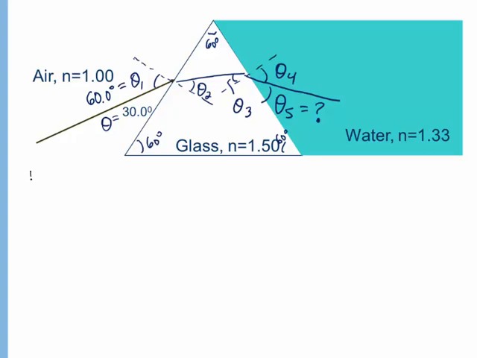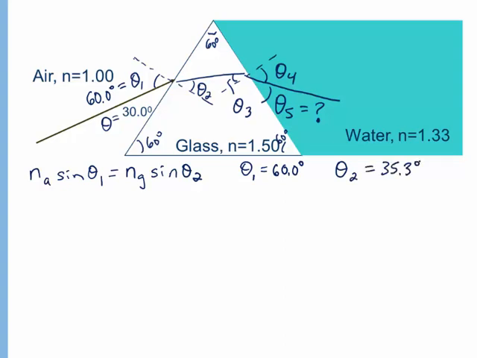So in other words, the index of refraction of air times the sine of theta 1 should be equal to the index of refraction of the glass times sine theta 2. And I'm just going to tell you what I got when I did that calculation. So again, theta 1 is 60 degrees. For theta 2, I got 35.3 degrees.